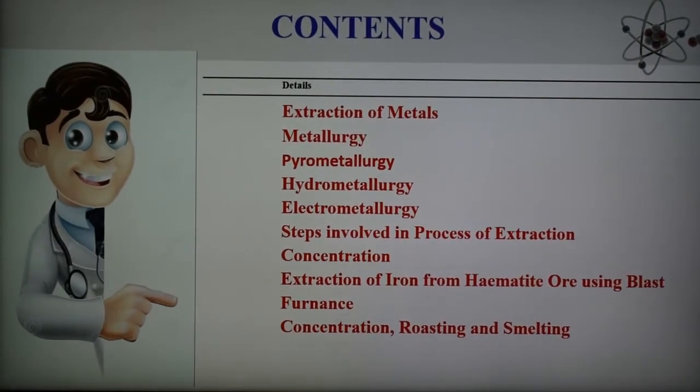What is concentration, and after that extraction of iron from hematite using a blast furnace, and the different steps of this extraction: concentration, roasting, smelting, and refining. So all these steps we are discussing one by one now.